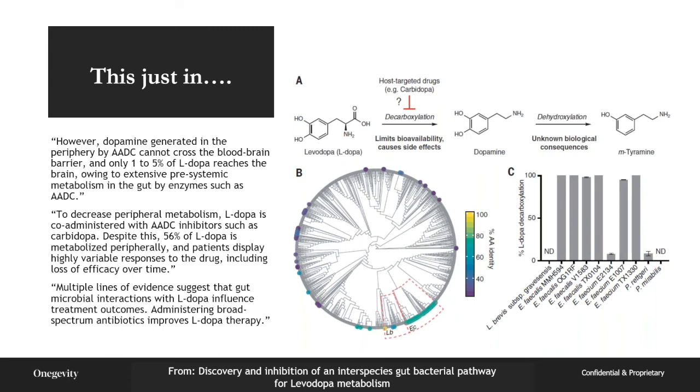Two different species of Enterococcus, Enterococcus faecalis and faecium, were responsible for degrading the drug levodopa. So if recommendations can be made to alter the microbiome such that more levodopa could reach the brain, it could then lead to a better drug response.